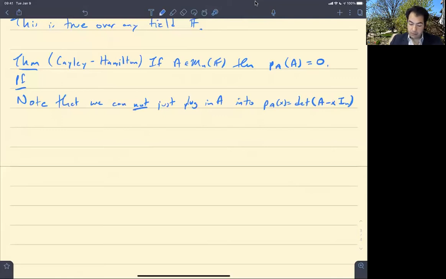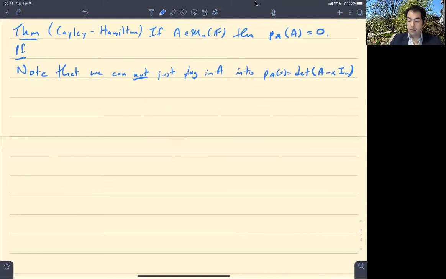I mean, notice, for example, that this would give us the number 0, and here we're claiming that you get the matrix 0. So right there, you can see that something is going off if you try to just plug in the matrix A like that. That is, plugging in A instead of X in this expression is not the same as plugging in A into X as a polynomial, right? And there are exercises in the book where you can work out more examples of this reasoning not working.